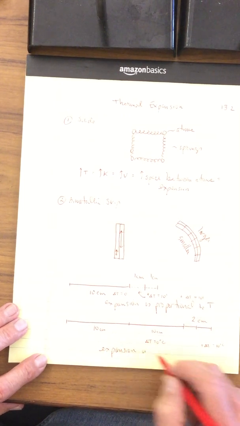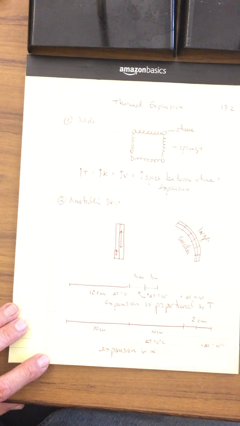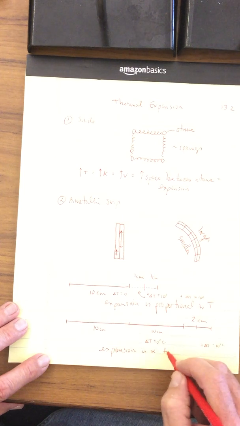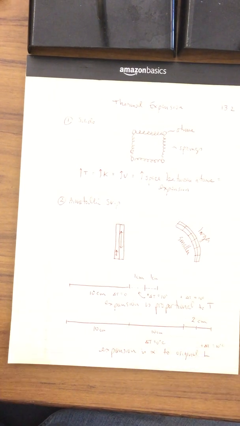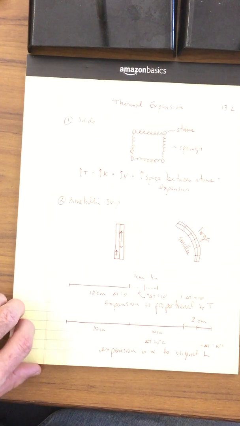So the expansion is proportional. Remember, the symbol for proportional is proportional to the original length. So we're going to get to a master formula here, and then we'll also take a look at liquids.